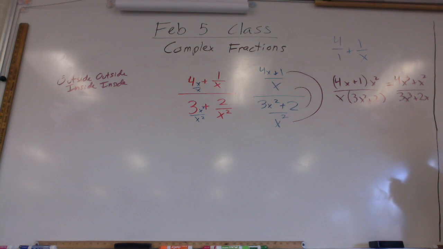Is there anything I can cancel out from every single term? There isn't a 2 everywhere. There is an extra x everywhere. So I can cancel out one x from everywhere. So that'll be 4x squared plus x, over 3x squared plus 2.